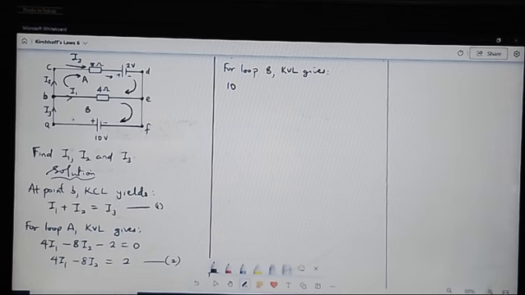We move around, we just have I1 entering the 4 ohm resistor. We have just one resistor corresponding to this circuit.